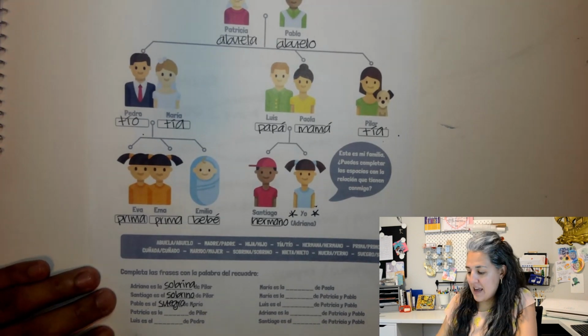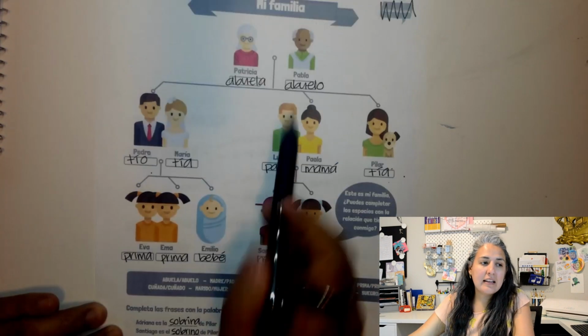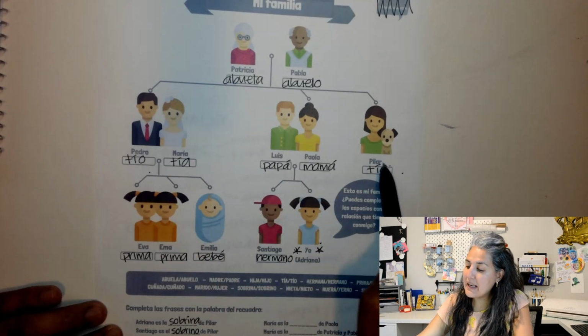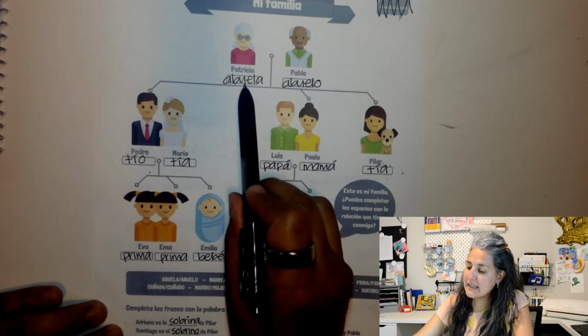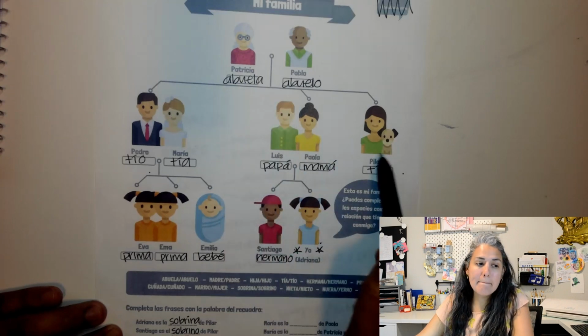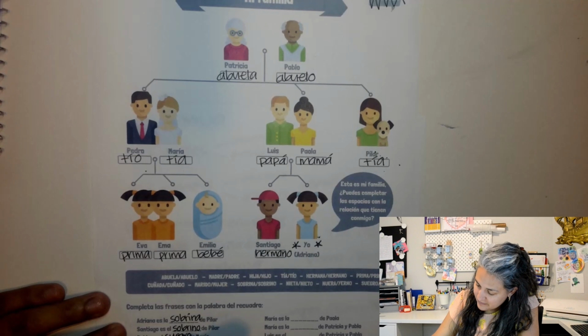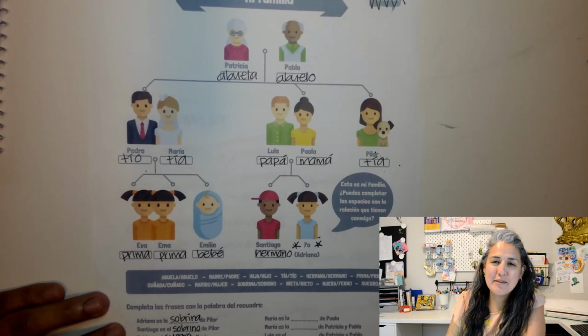Let's try the other way. Patricia es la de Pilar. Patricia es la mamá de Pilar. We're practicing family tree.